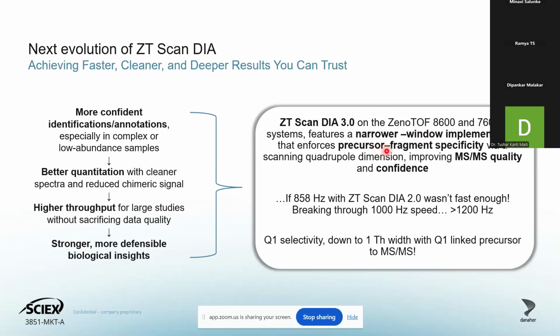That means almost nearing the triple quadrupole selectivity and specificity. So precursor fragment specificity via scanning quadrupole dimension. The total speed on the 8600 can go greater than 1200 hertz. So Q1 selectivity is down to 1 Dalton with Q1 linking precursor to MS/MS. So this is one of the good parts in ZT scan DIA.